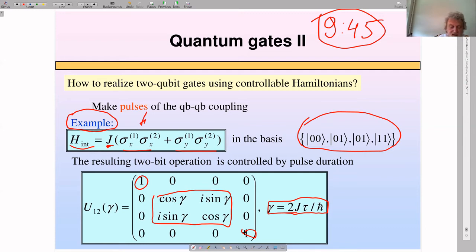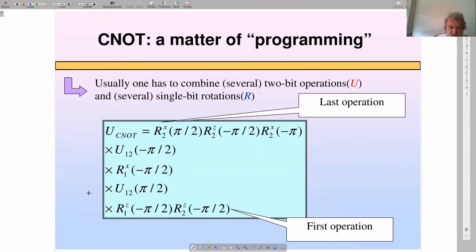but the kind of problem of engineering, of mathematical modeling, is to figure out how to make more sophisticated operations by combining this gate and, for instance, single qubit rotations. So let me just show the answer on how to realize such a gate.